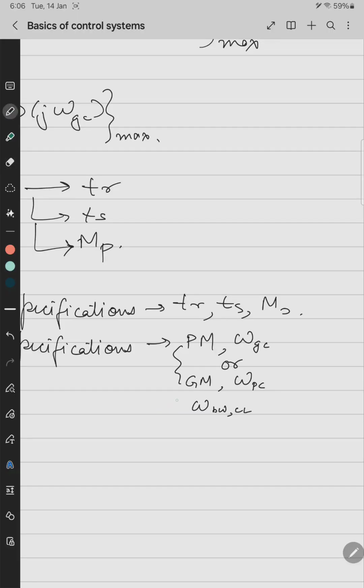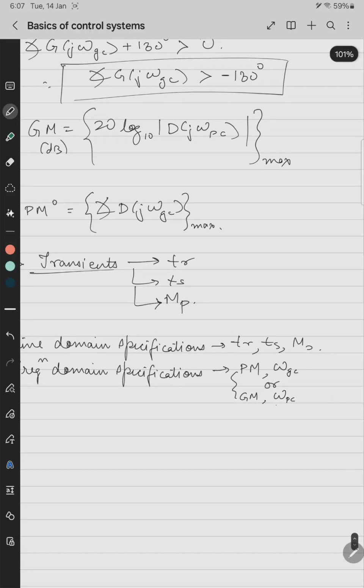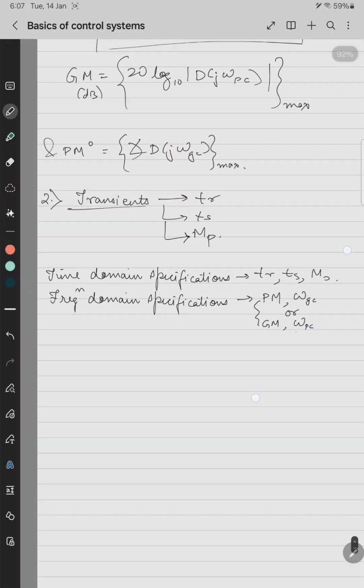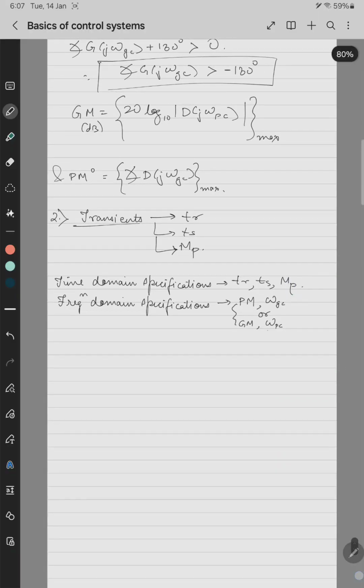Sorry, this also goes in OR. Bandwidth is not needed. Bandwidth is for closed loop, while this frequency domain analysis is only for open loop, the loop transformation analysis. So these are the time domain and frequency domain specifications, and we will see how to correlate them.